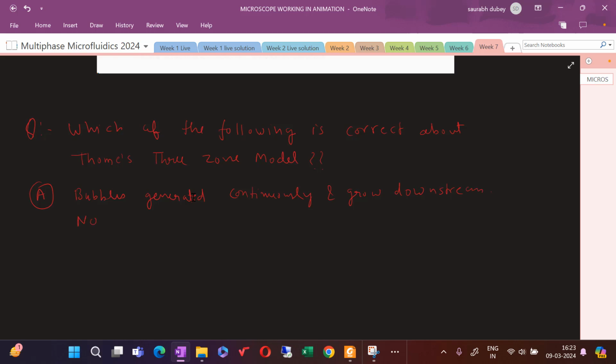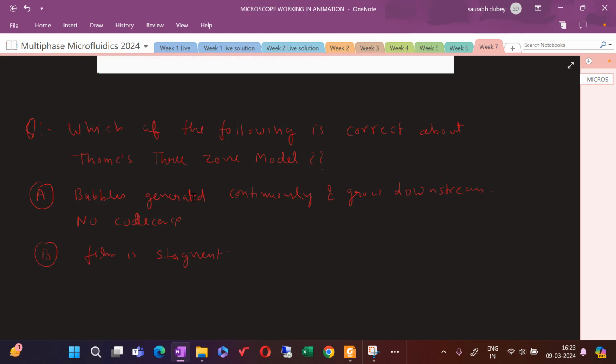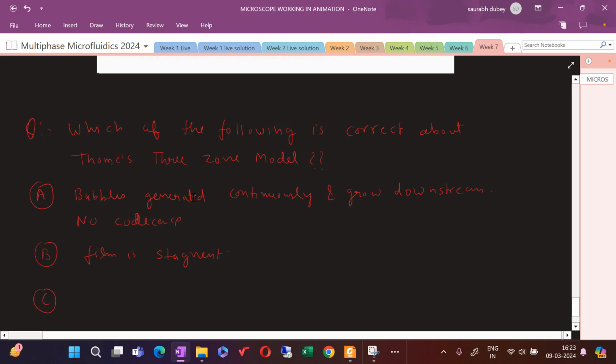No collisions. Film is stagnant. This is nucleate boiling model.